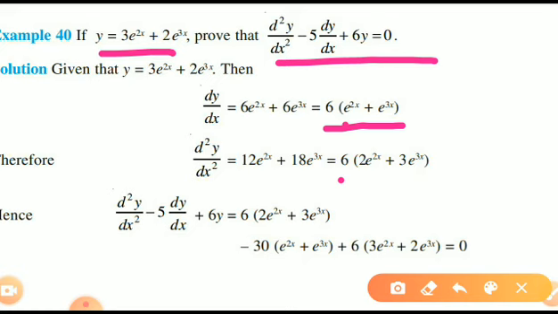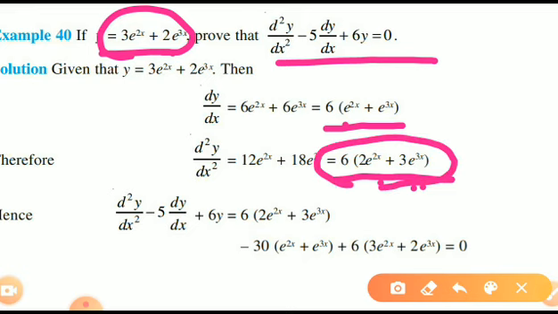So simplifying, I'll be getting 6 into 2 e raised to 2x plus 3 e raised to 3x. I cannot make use of your y here. Check: it is 3 into e raised to 2x, but I have not got that. So I cannot substitute it here. My d2y by dx square, I have got this, so I cannot make use of that y.